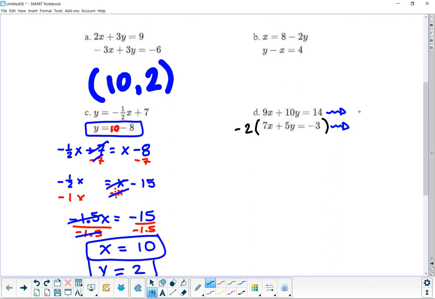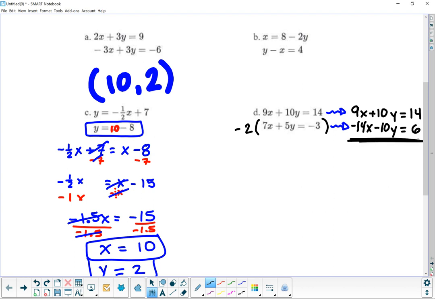New equation is 9x plus 10y equals 14. And if I multiply, I'm going to get negative 14x minus 10y equals negative 2 times negative 3 is 6.